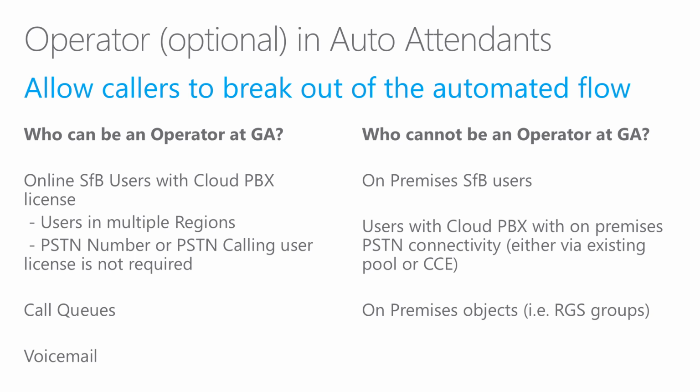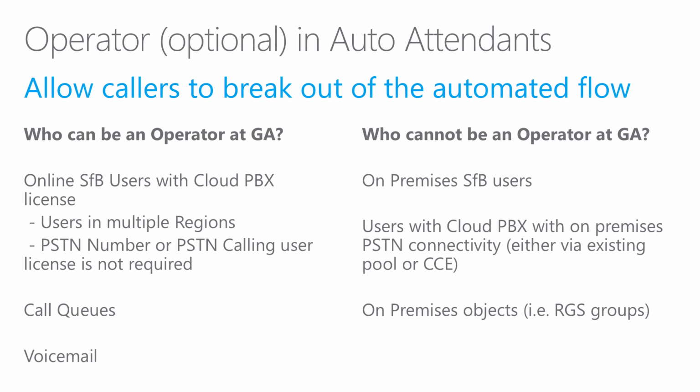However, note that many operators will take the call and then redirect the call to the appropriate destination. This might be a mobile phone, and that can only be done if then the operator is licensed for PSTN calling. So while it's not a requirement, it might be a need for your company. Call queues and voicemail are also valid operators, so people can leave a voicemail if they're having trouble with the auto attendant.